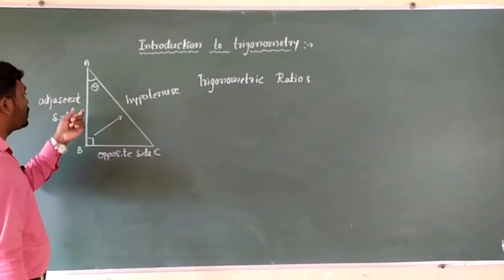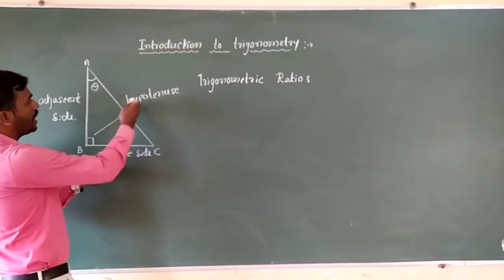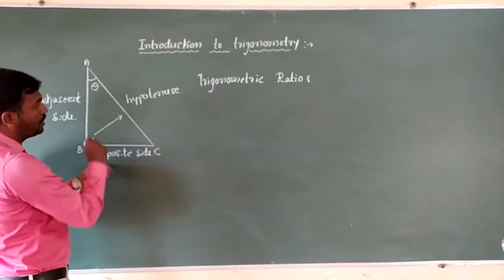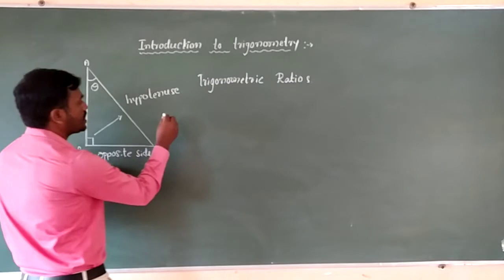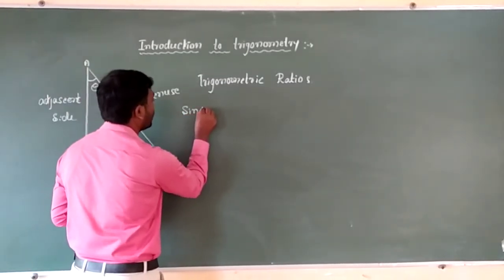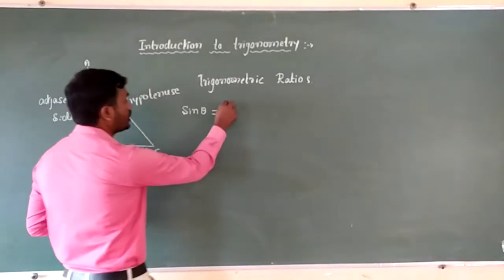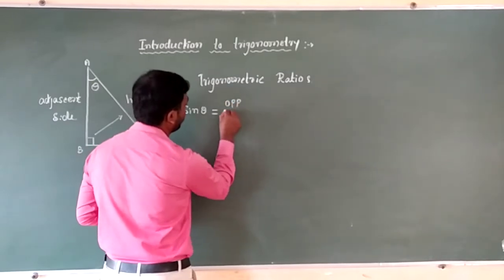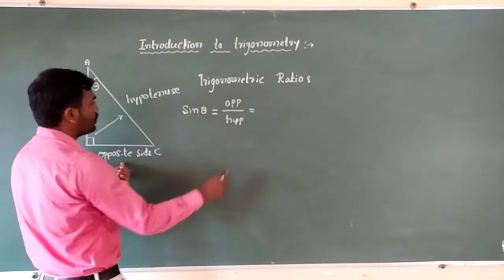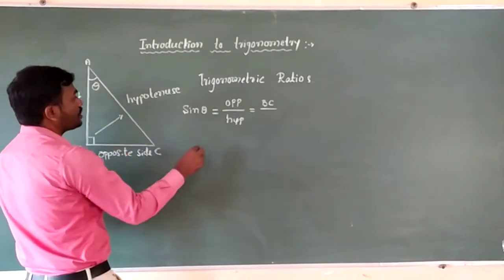Let us take the first ratio: the ratio between opposite and hypotenuse is called sine. So sine theta is equal to opposite by hypotenuse. Opposite is BC, divided by hypotenuse AC.